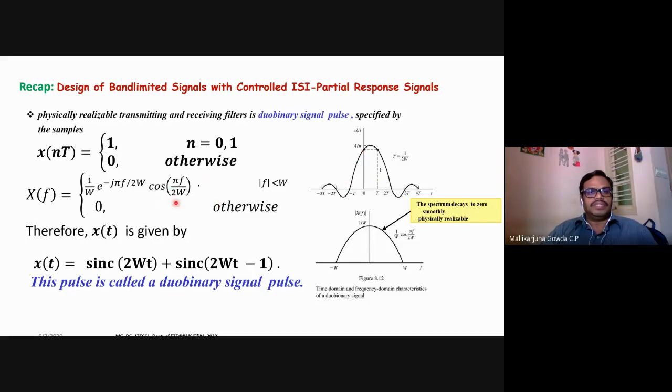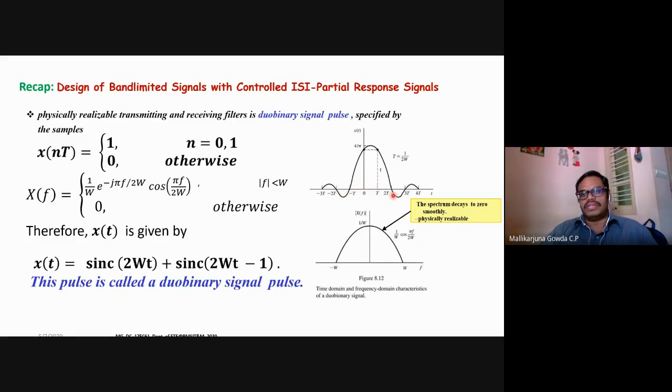In the frequency domain this is the expression, and I can express x of t as one sinc function, sinc of 2Wt, plus sinc of 2Wt minus 1. From minus T to T is one sinc function.